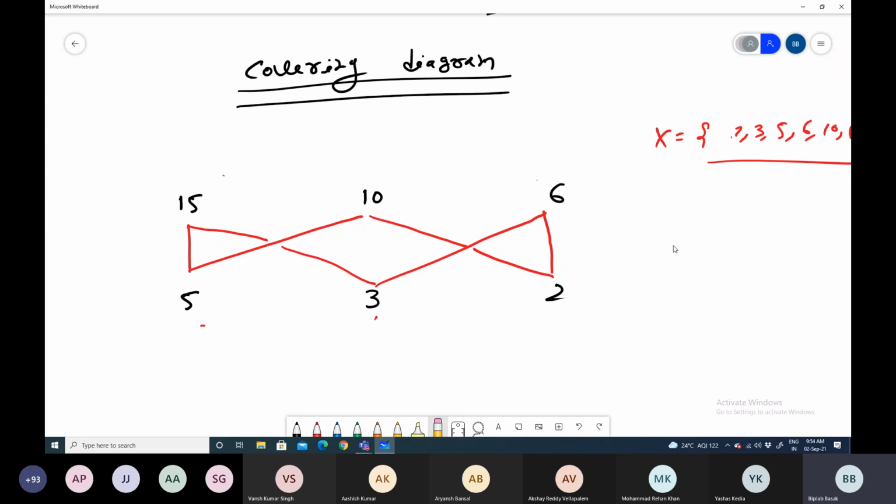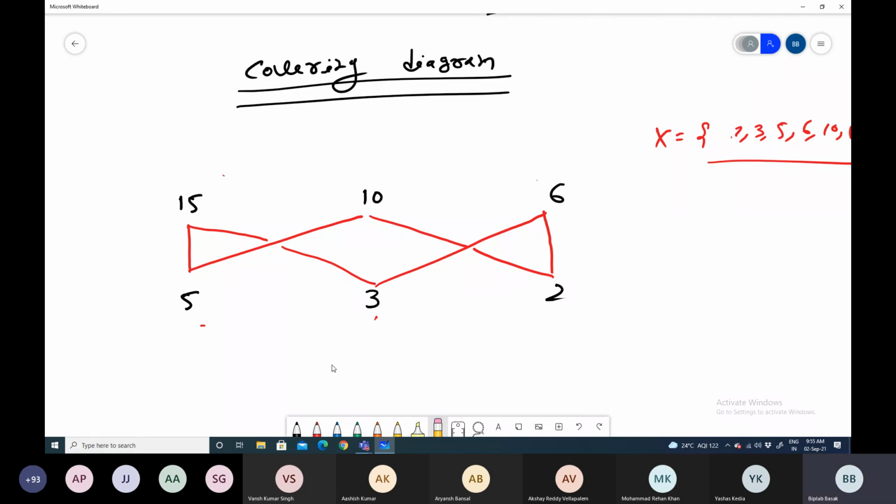Least element and minimal element are different. So in that case, there will be no least element and no greatest element. There is a concept called minimal element and maximal element. Here 2, 3, 5 are minimal elements and 6, 10, 15 are maximal elements. But this set does not have any least element.